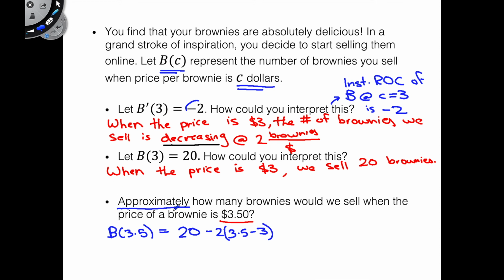We know that b of 3 is close to this. So we're starting at 20, and then we know that around b of 3, the sales decrease at 2 brownies per dollar. So we tack on that minus 2, and then we multiply by the difference, 3.5 minus 3. If we flesh this out, we would get 20 minus 1. So this is going to be approximately 19 brownies.